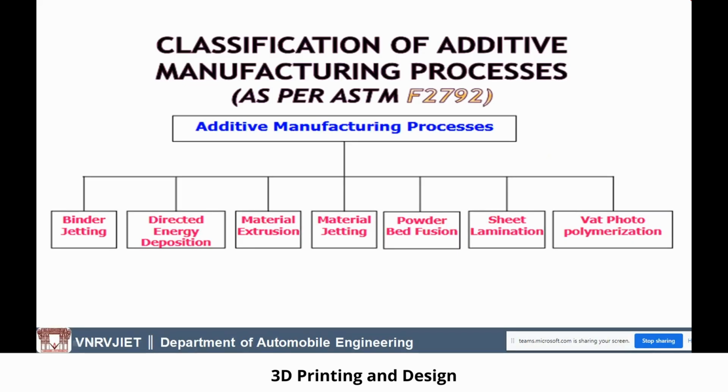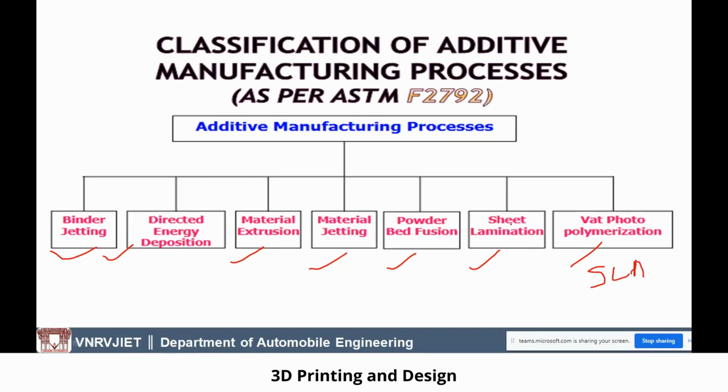The first one is binder jetting, and the second is directed energy deposition. The third is material extrusion, which people also call FDM machines. Then material jetting, powder bed fusion, sheet lamination, and vat photopolymerization. For this we use another name, stereolithography, called SLA.